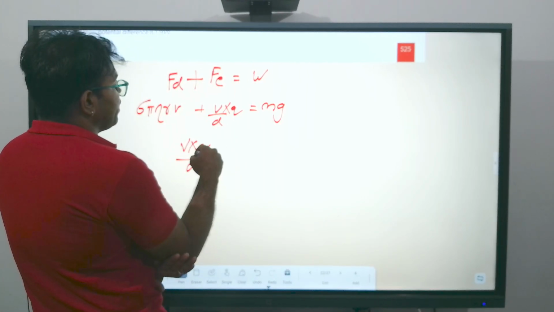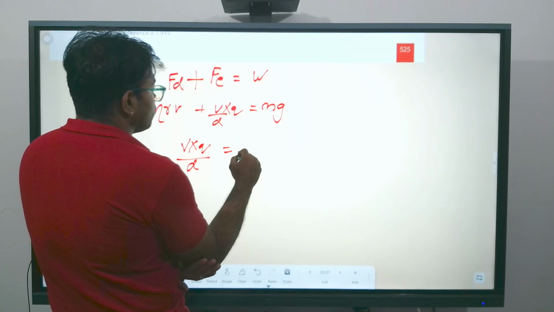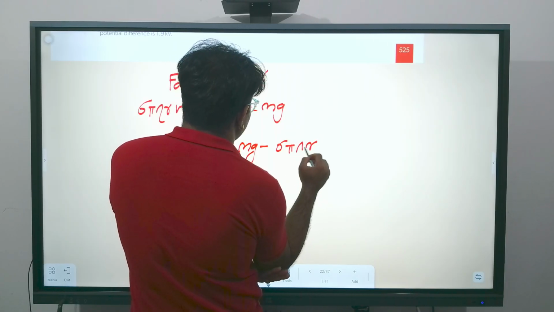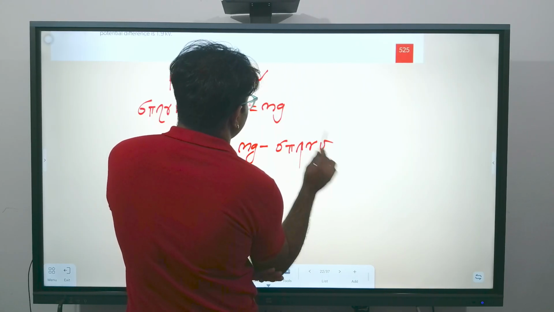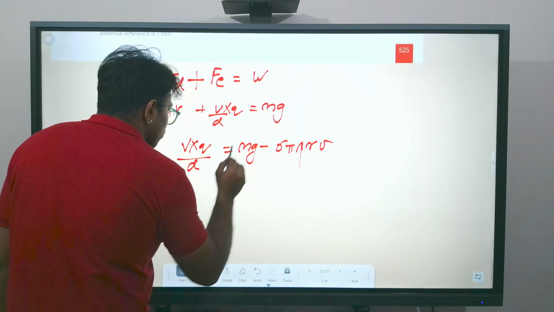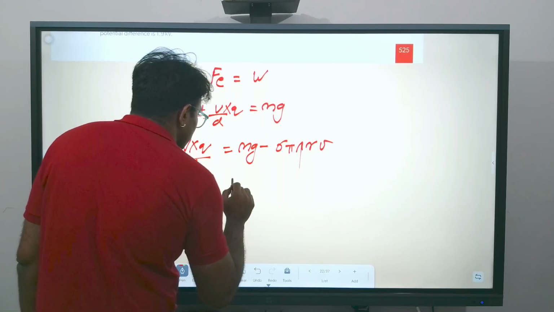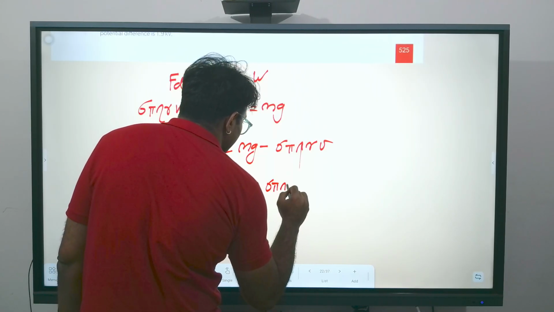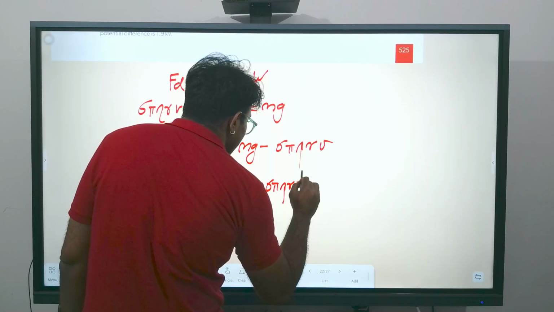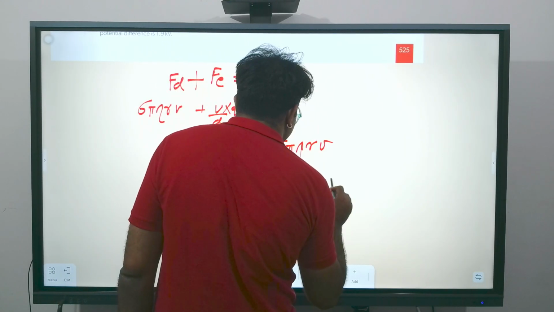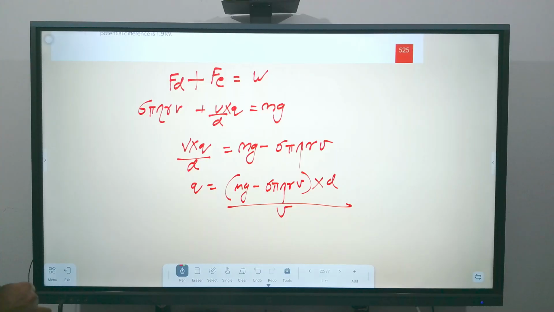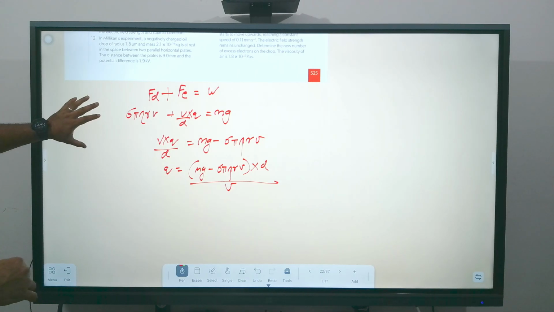So V multiplied by D upon Q should be equal to mg minus 6 pi n r V. So this whole thing Q will be equal to mg minus 6 pi n r V multiplied by D the whole upon V. Clear?